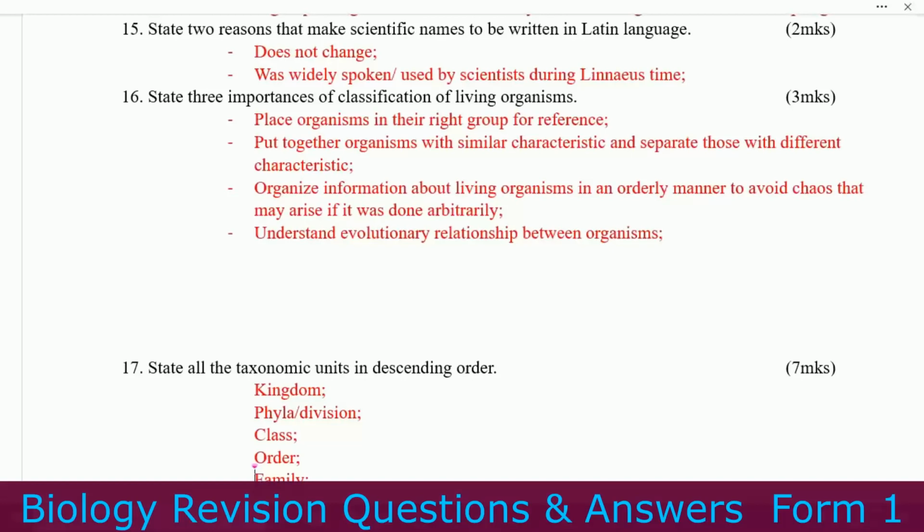Number 3, to organize information about living organisms in an orderly manner to avoid chaos that may arise if it was done arbitrarily. Next, understand evolutionary relationship between organisms.